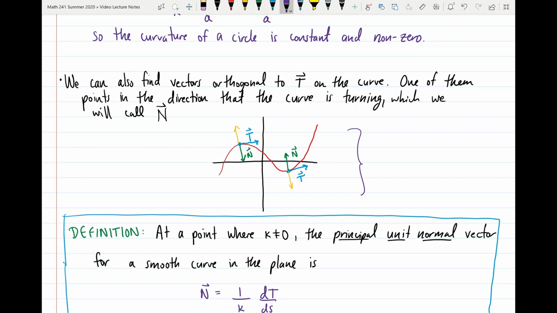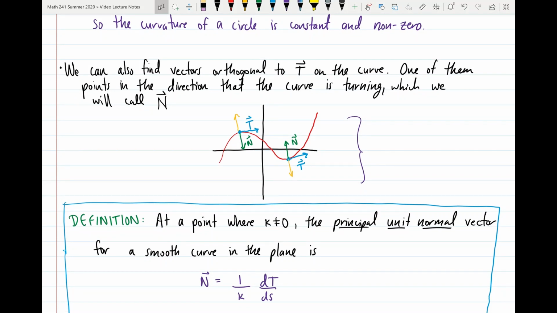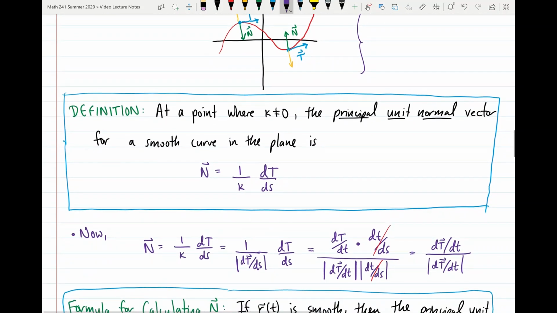But notice that the yellow vector is always pointing away from the direction in which the curve is turning, while the vector in green is pointing towards the direction in which the curve is turning. So we're going to denote the normal vector that is pointing in the direction of the curvature of the curve by a capital N. And we'll define it below here.